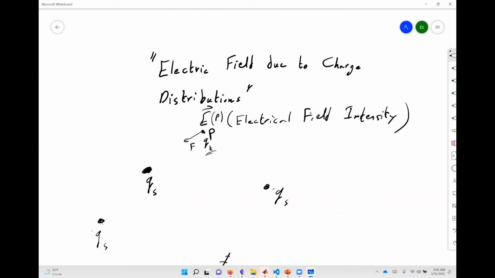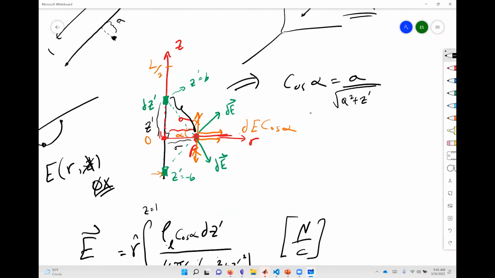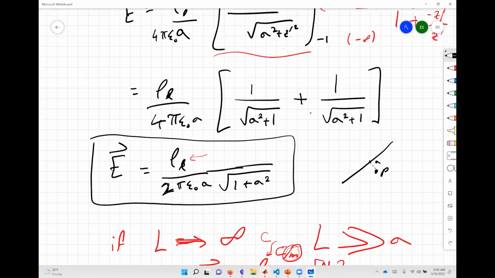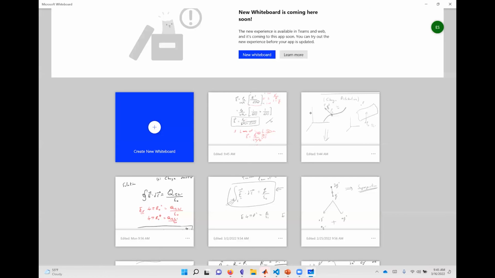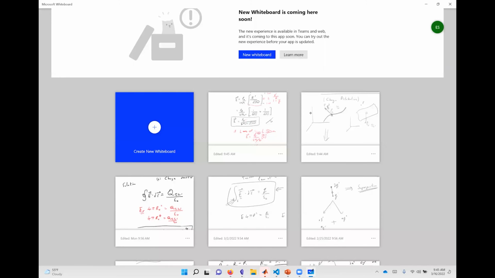Maybe here. So we did, yeah, we do this example. So this has a line segment with length L, and we try to find what the field is, and the field turned out to be this. We want to do this in terms of the voltage.